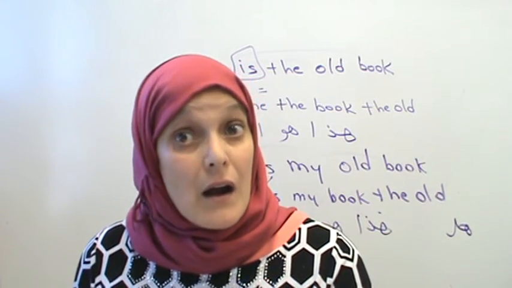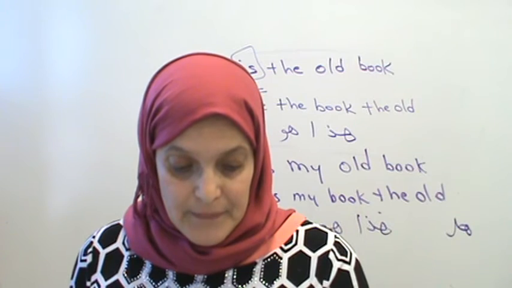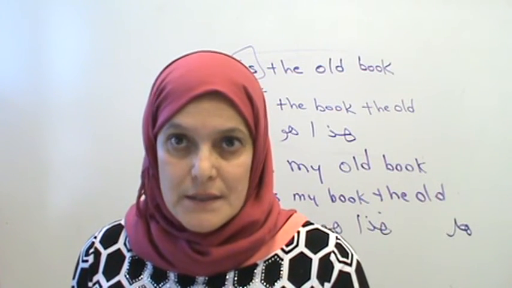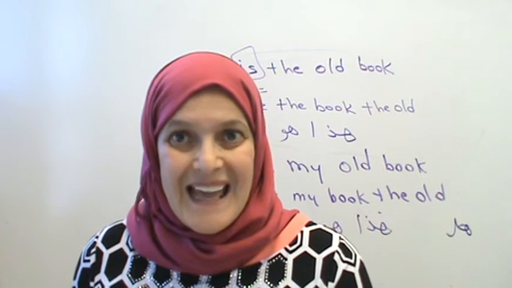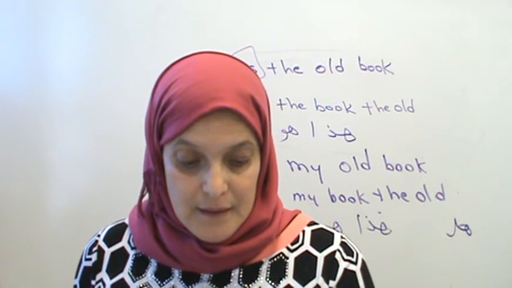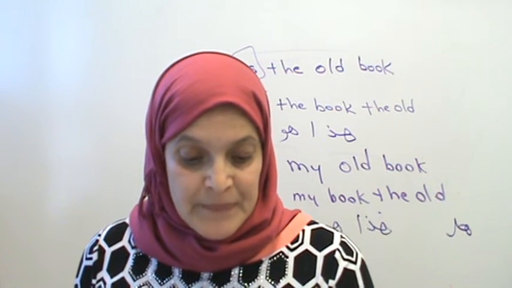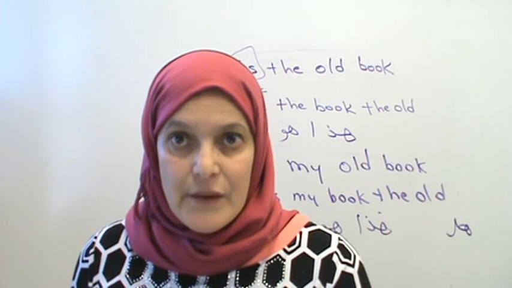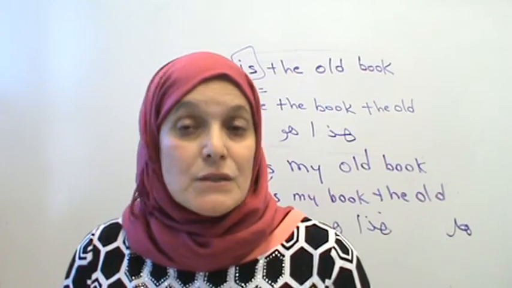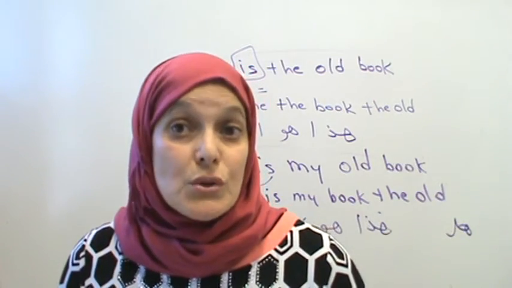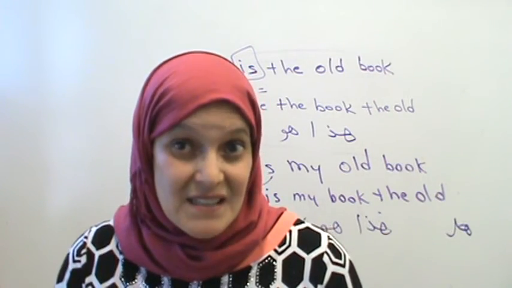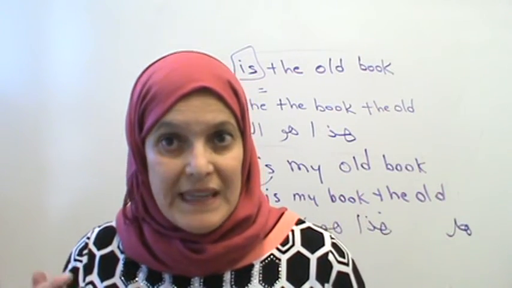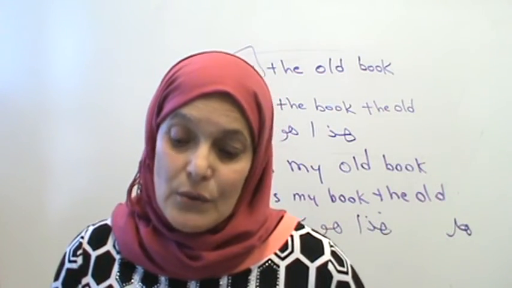Number 15, this weather is hot. 16, and the last one, this is the new building. So try to translate these sentences using these rules, and I am going to give you the answer in the next video.